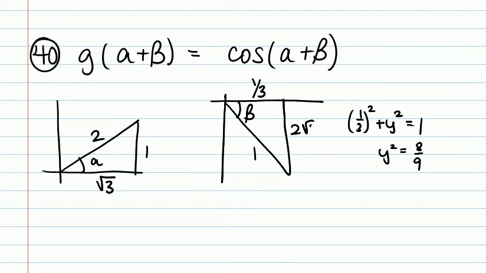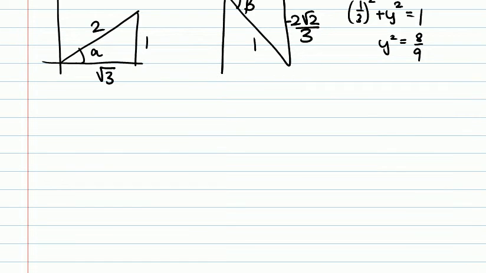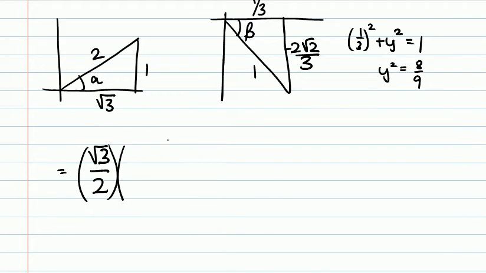So now let's find the cosine of a plus b. And the rule for cosine of a plus b, once again, is cosine a cosine b minus the sine of a times the sine of b.